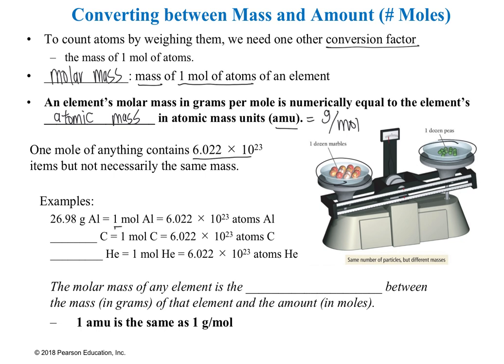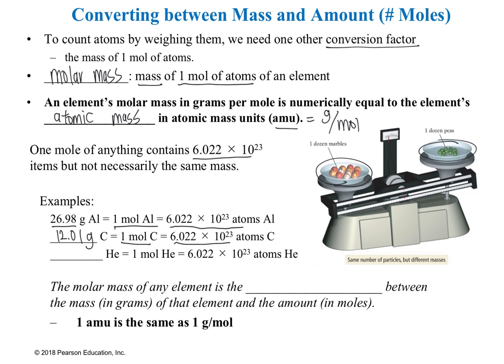So for example, 1 mole of aluminum is always 6.022 times 10 to the 23 atoms of aluminum, but it weighs 26.98 grams. Where does that come from? We can actually find it on the periodic table. If we look at the periodic table for carbon, 1 mole of carbon is again an Avogadro's number of carbon. But its average mass is 12.01 AMUs, which means it's 12.01 grams for every mole.